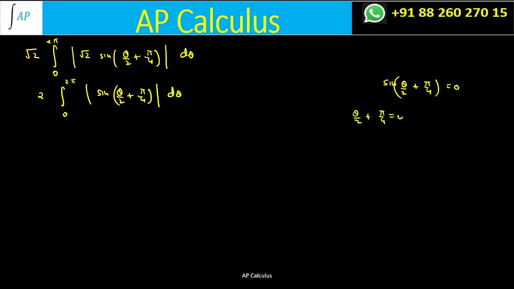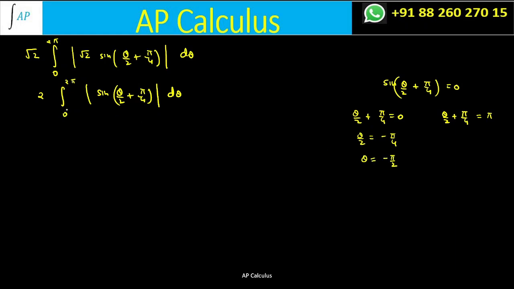Like theta by 2 plus pi by 4 is equal to 0. Theta by 2 plus pi by 4 is equal to another angle over here. We can say pi, because sine of pi is also 0. So if you solve this particular case, we'll get theta by 2 is equal to minus pi by 4, so theta is equal to minus pi by 2.